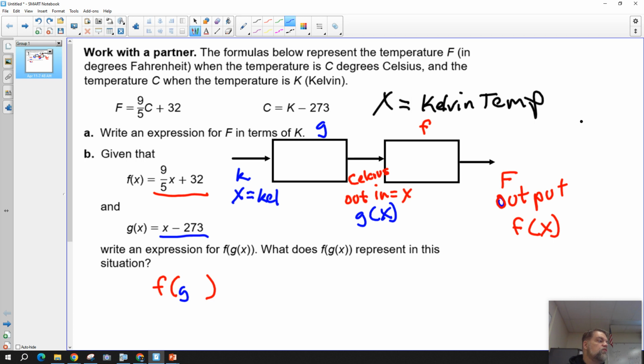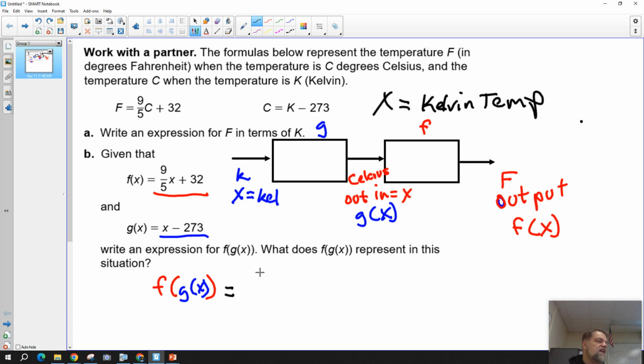Now, this is really confusing to do sometimes because you have to keep track of stuff. If you have two colored pens, I recommend you use the two colored pens. It really helps keep track of stuff. So what I need to do first and foremost is I'm going to write f of x, but wherever there's an x, instead of putting an x, I'm going to put g of x.